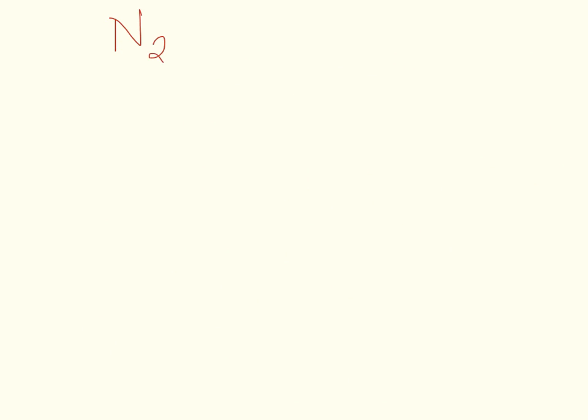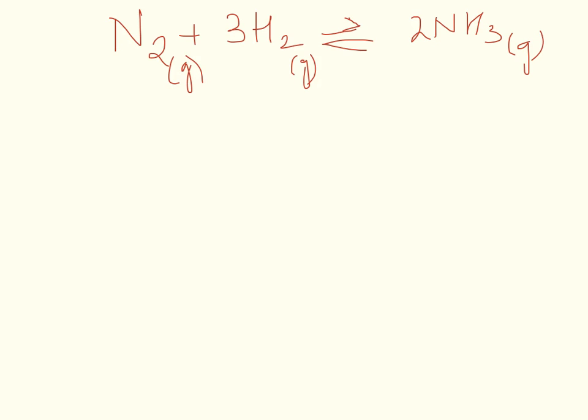If you consider this reaction N2 plus 3H2 in equilibrium with 2NH3, all of them being gases, okay, say you started the reaction with 0.5 molar nitrogen and say 2.0 hydrogen.